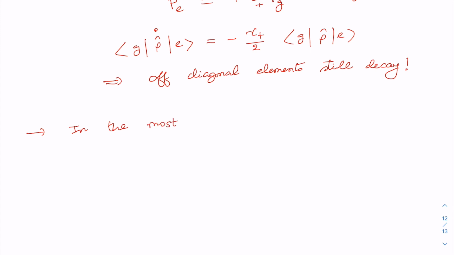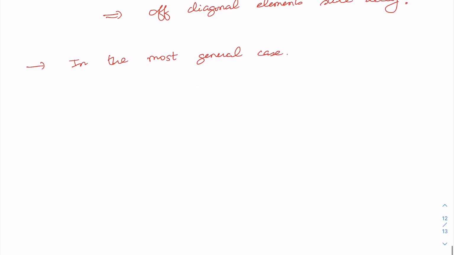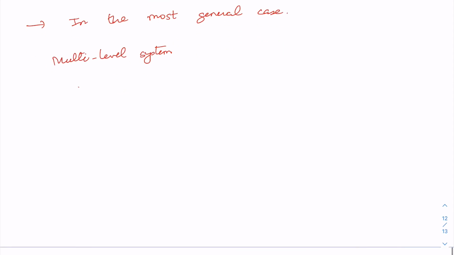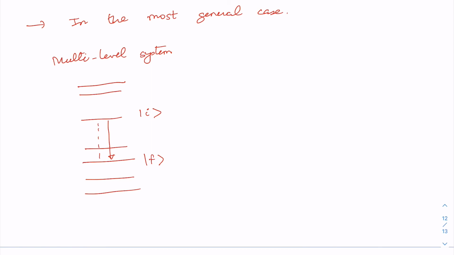In the most general case, for example, if I consider a multi-level system rather than a two-level system, we have various energy levels like this, and say we want to go from one particular state, say ket i, the initial state, to some other state, say ket f, the final state, or from f to i.